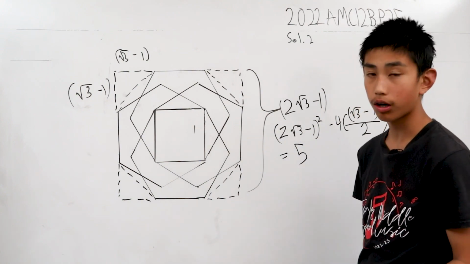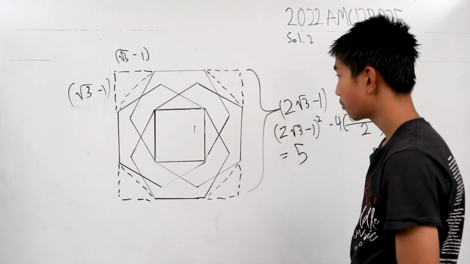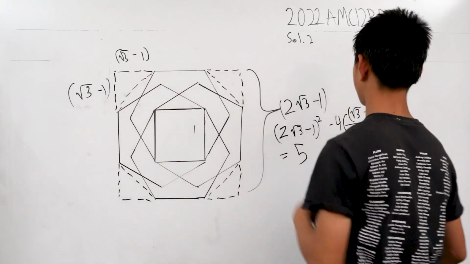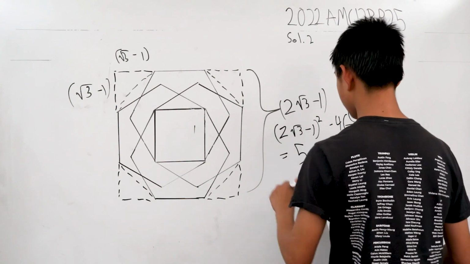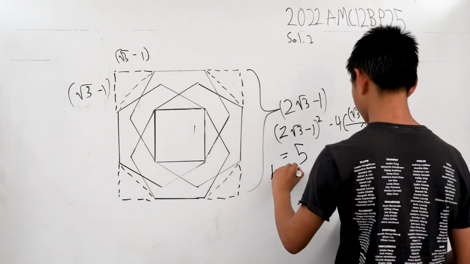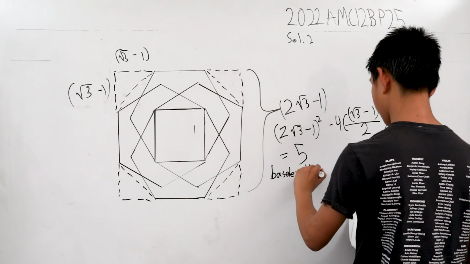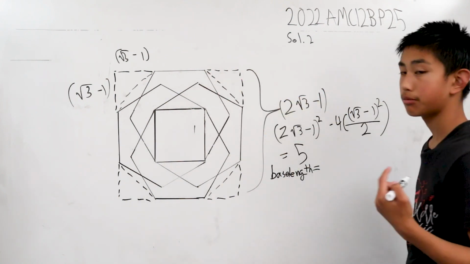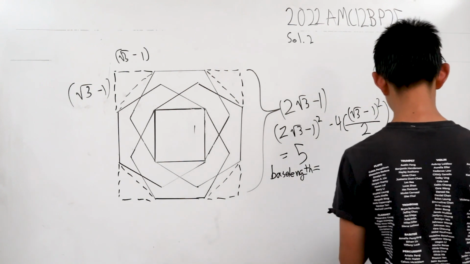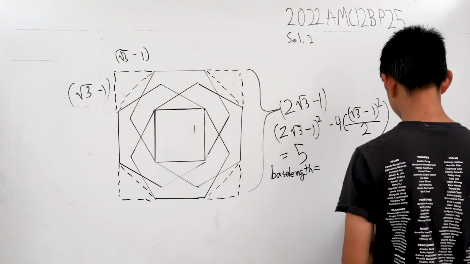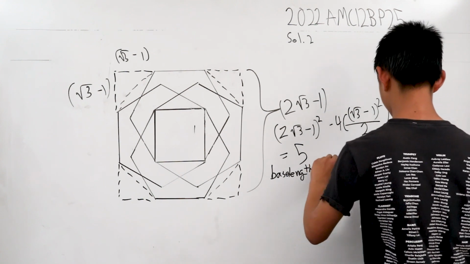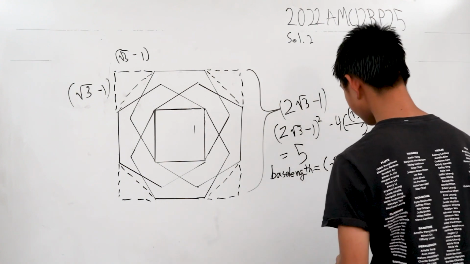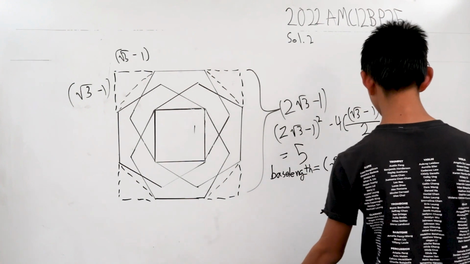This might seem a bit hard, but we know the base length because we can use Pythagorean's theorem, because we know these 2 legs. So we know that the base length is equal to, when you solve it, square root of 3 minus 1 squared times 2, correct? So the base length is square root of 3 minus 1 times the square root of 2.